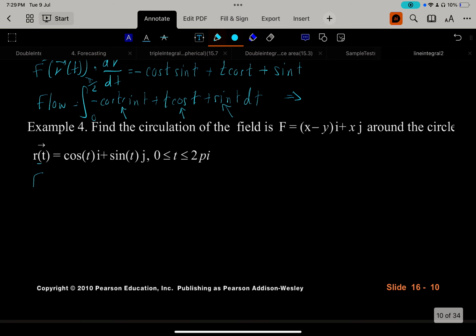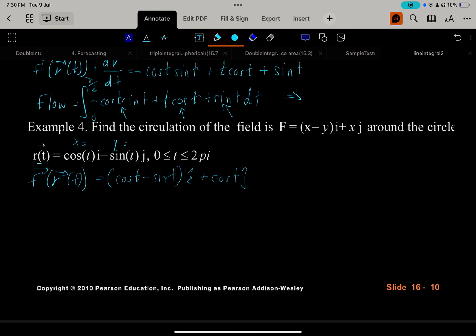Now, let's do the same. r of t equals, x equals cosine, y equals sine: cosine of t minus sine of t i plus cosine of t j.